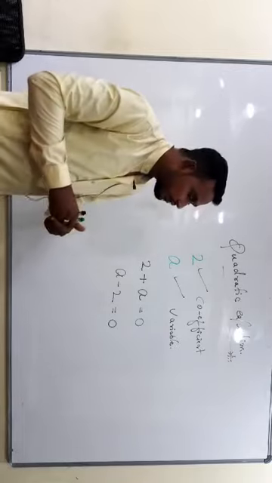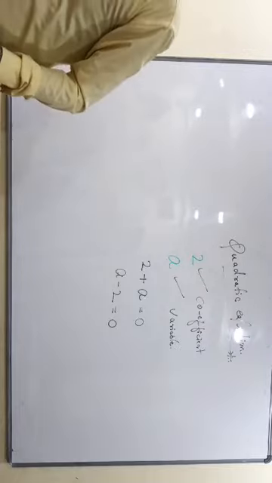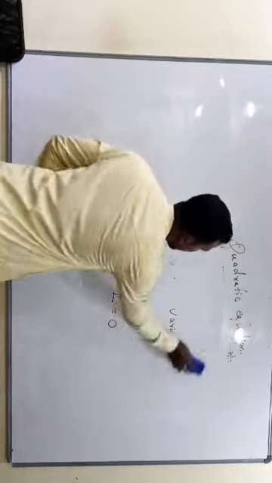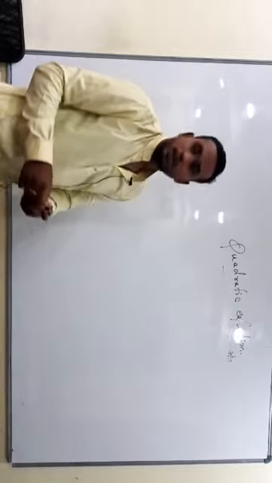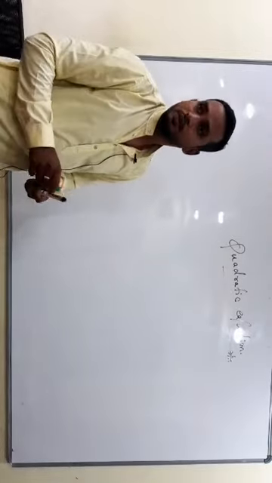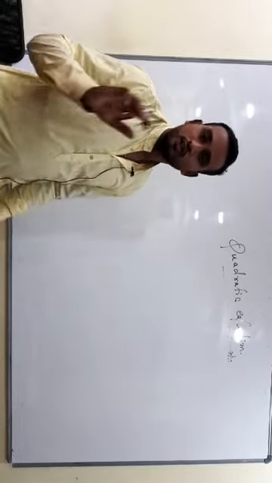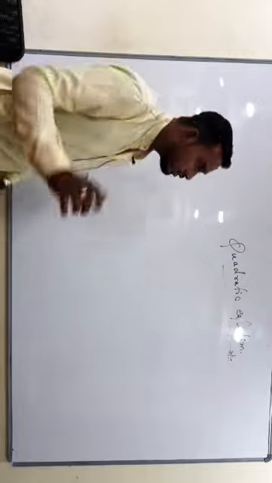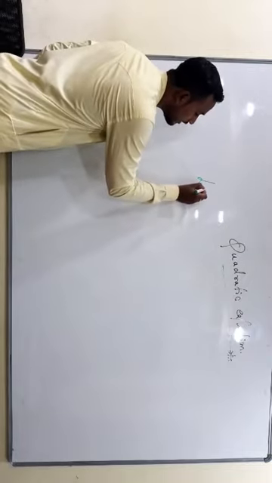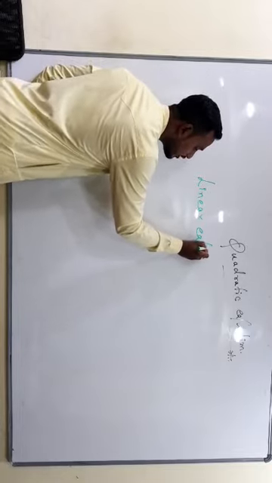Now we classify this quadratic equation into 3 types. Please make a note. It's not just that you have to listen to the explanation, you have to copy it in your notes also. Understood? The first category is known as linear equation.